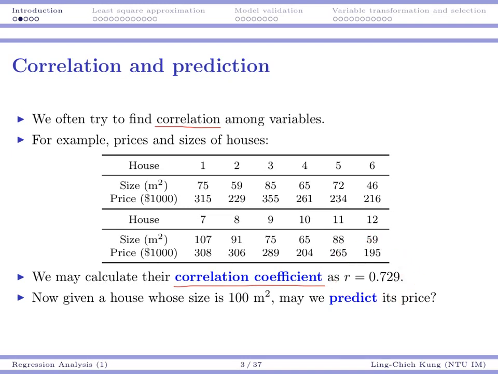So that means when we have houses, we can use the size as a good predictor for price. Like if I get a house whose size is 100 square meters, this information can help us predict the price, because we know they are related, and here quite related.